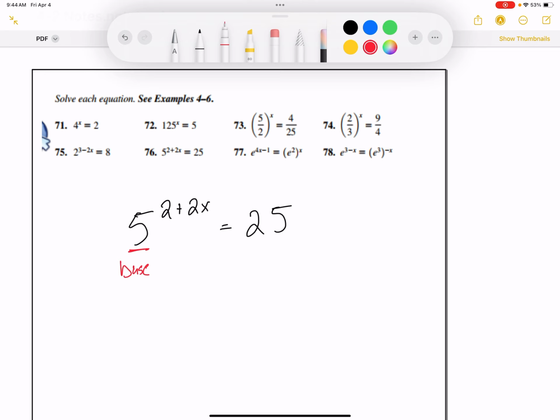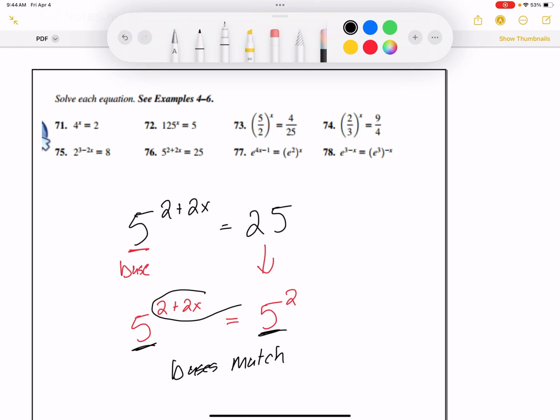I can say this is 5 squared. So 5 squared is equal to 5 to the 2 plus 2x. Now my bases match, right? So 5 to some power equals 5 squared. That means this power right here must be the same as that right there.